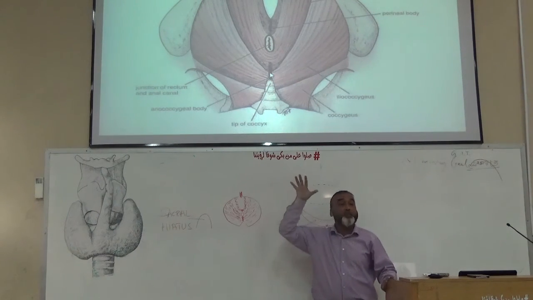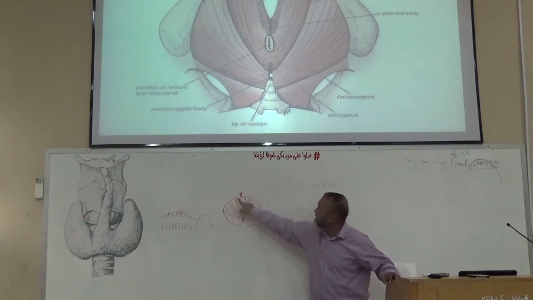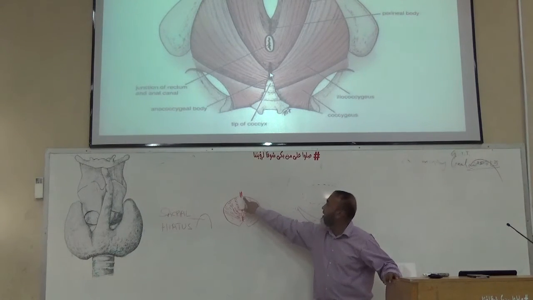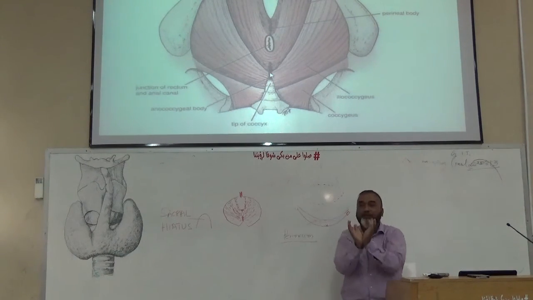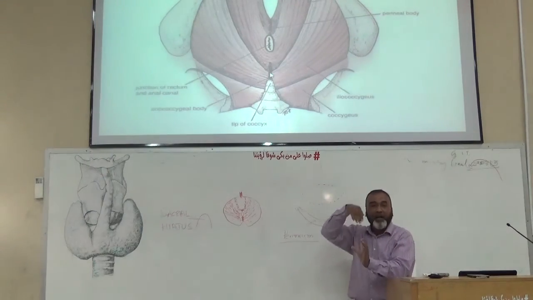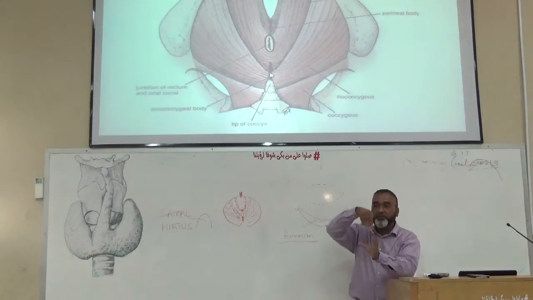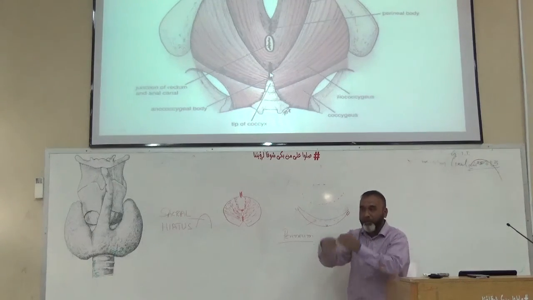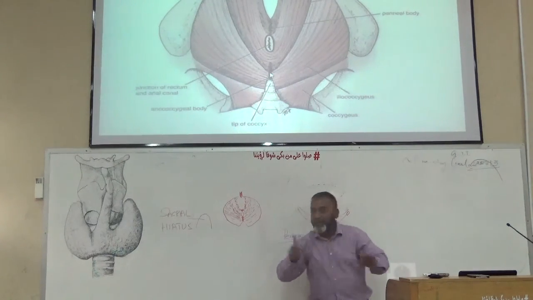This is named the pelvic diaphragm, and anteriorly it has a defect or opening. This opening allows the genital organs to come out below the pubic arch.